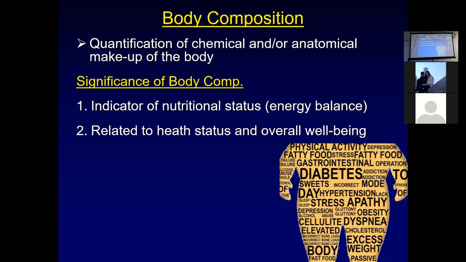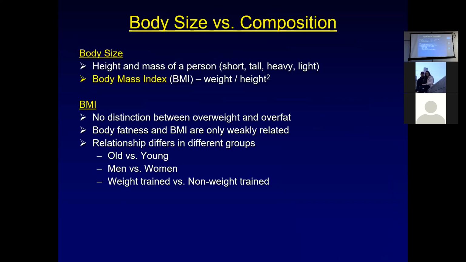But we do know that having excess amounts of body fat can potentially be related to poor health status. We know that having a lack of muscle mass and lean tissue can be related to poor health status. And we know that having lower amounts of minerals in our bones is also going to be related to a poor health status. So we'll kind of go through some of that stuff. All right, so we start this.